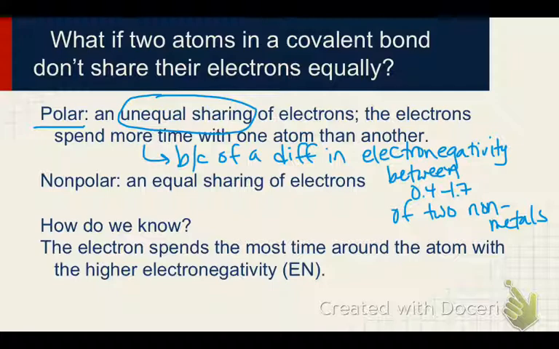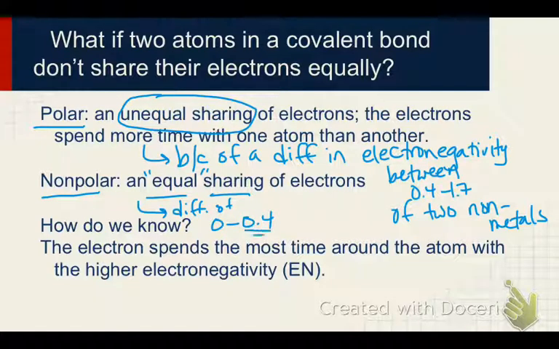and 1.7, then that's going to result in them sharing unequally. If they share pretty much equally, an equal sharing of electrons, we're going to call that a nonpolar covalent bond. And equal, I'm going to put in quotations, because for electronegativity, that's a difference of 0 to 0.4.